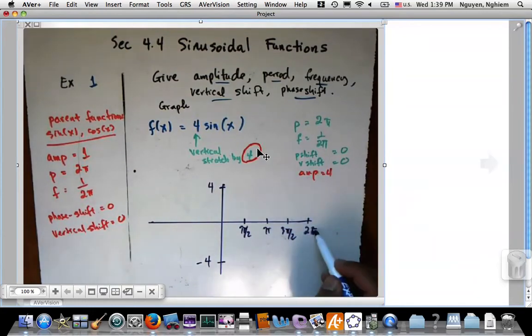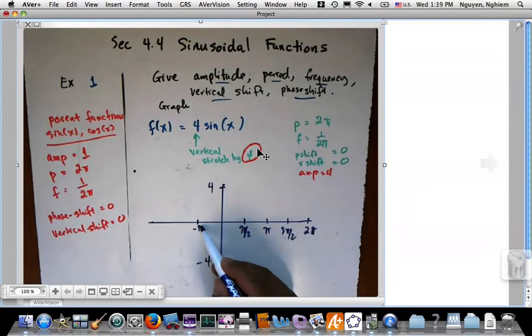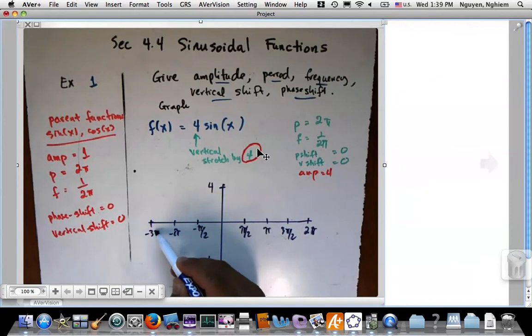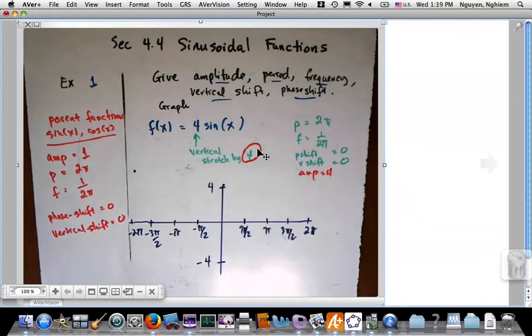I'm going to do the exact same thing over here: -pi over 2, -pi, -3 pi over 2, and -2 pi. And then I can graph my function.